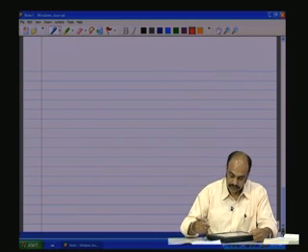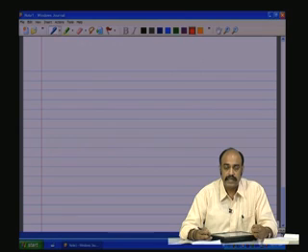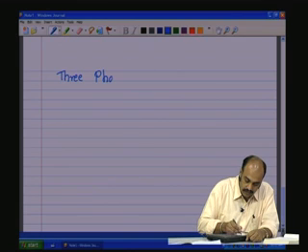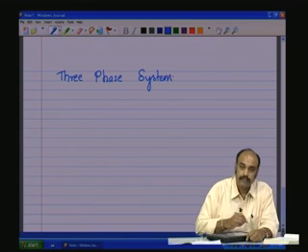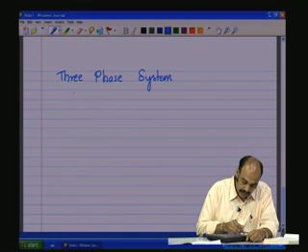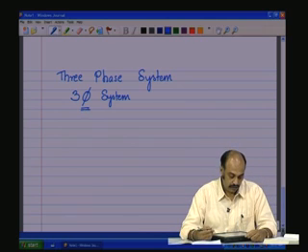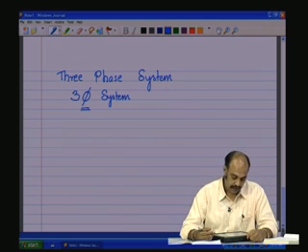The major part of this session is going to deal with 3-phase systems. This is also written as 3-phi for the 3-phase system. In the literature you will see that phi is used for the term phase.